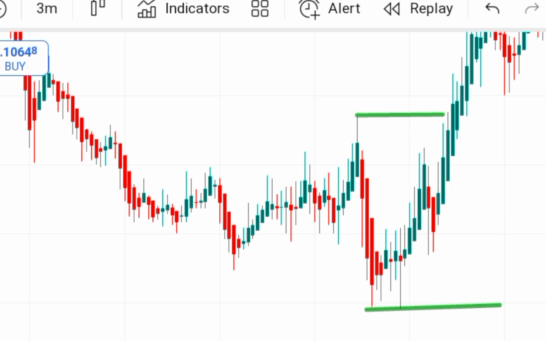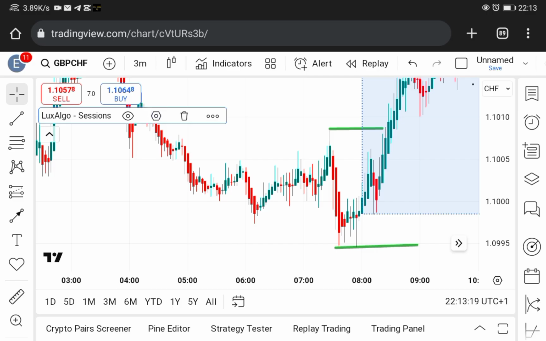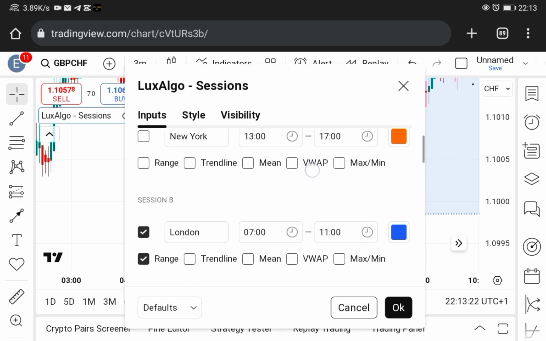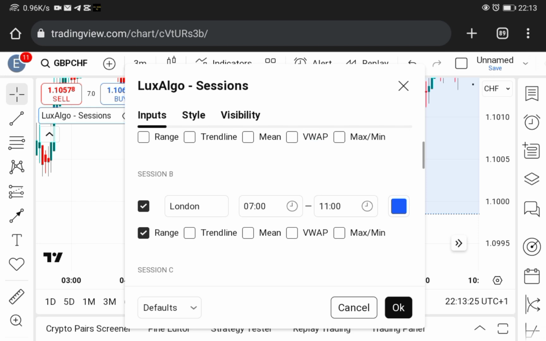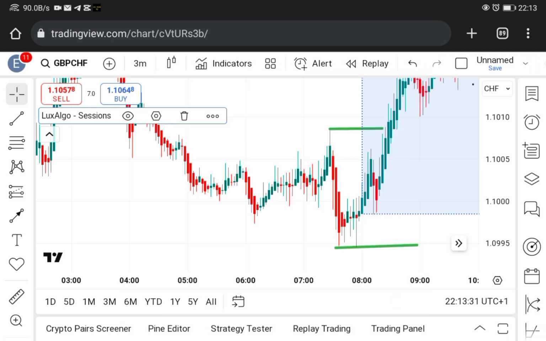So therefore, once I enable my sessions indicator, I've already set it up. You see, here is my London. Then 7 a.m. in the morning and 11 a.m. in the morning is what I set right here. Then I click OK. That is Nigerian time.